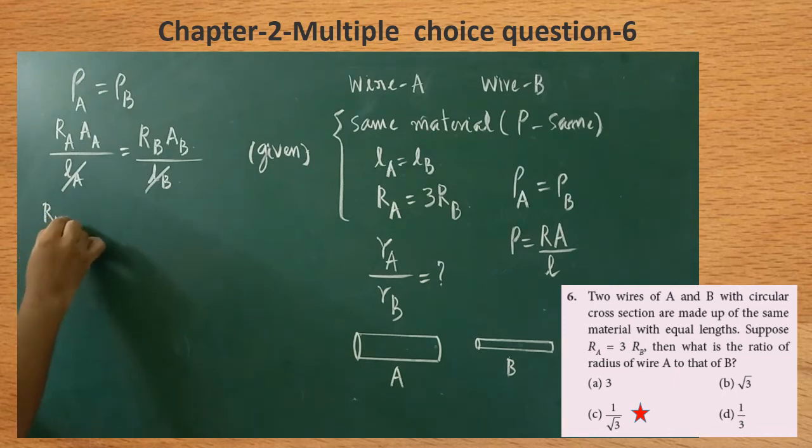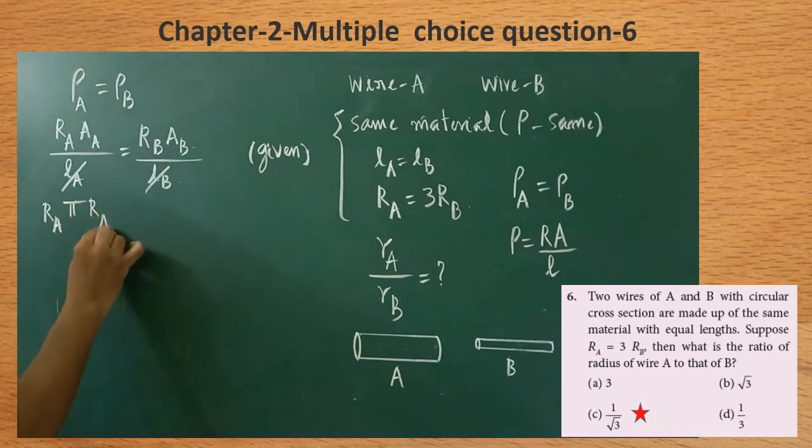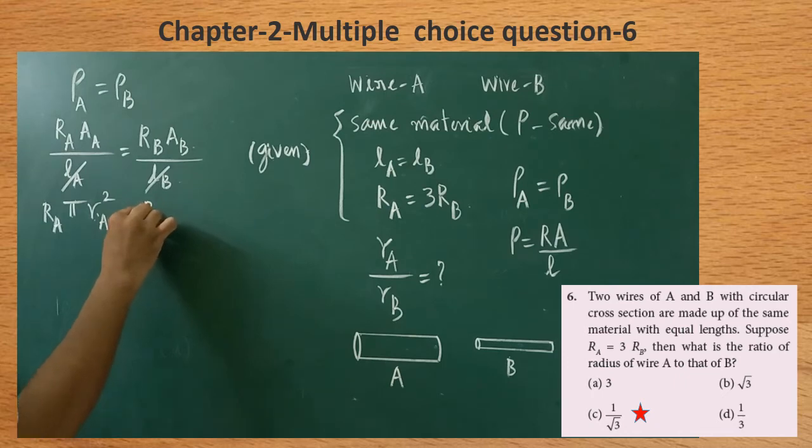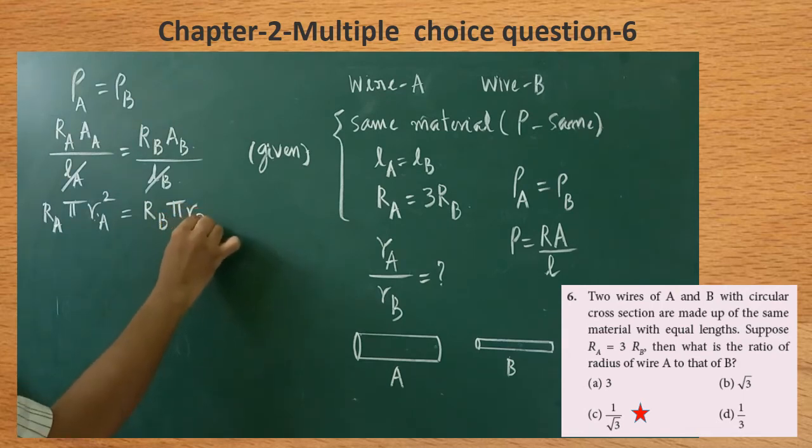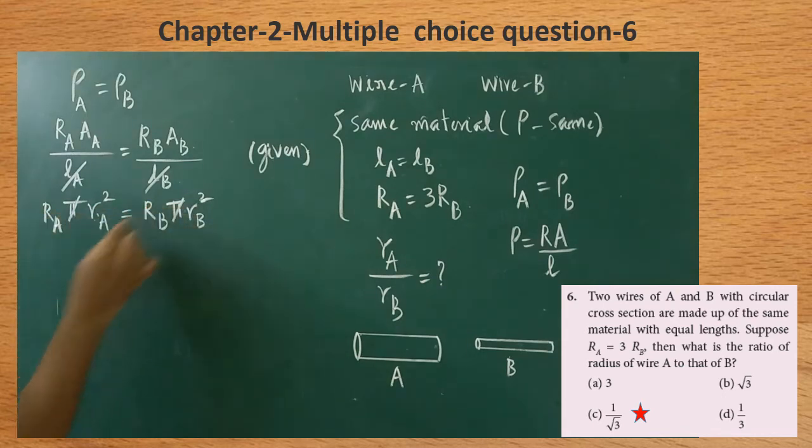Since the area of cross section is circular in nature, we can write it as pi RA square is equal to RB. Instead of RB, later we can substitute the area of cross section of the second wire, which can be written as pi RB square. To clear, pi can be cancelled. What is required? RA square, RB square is there.